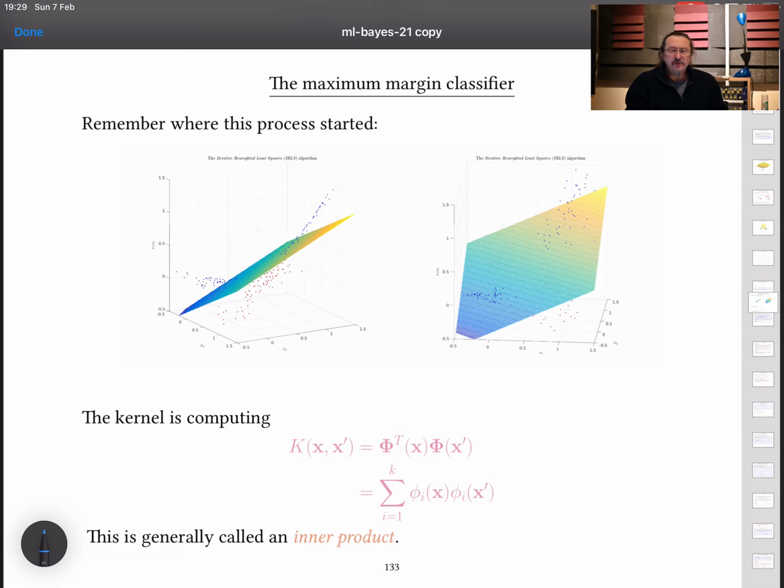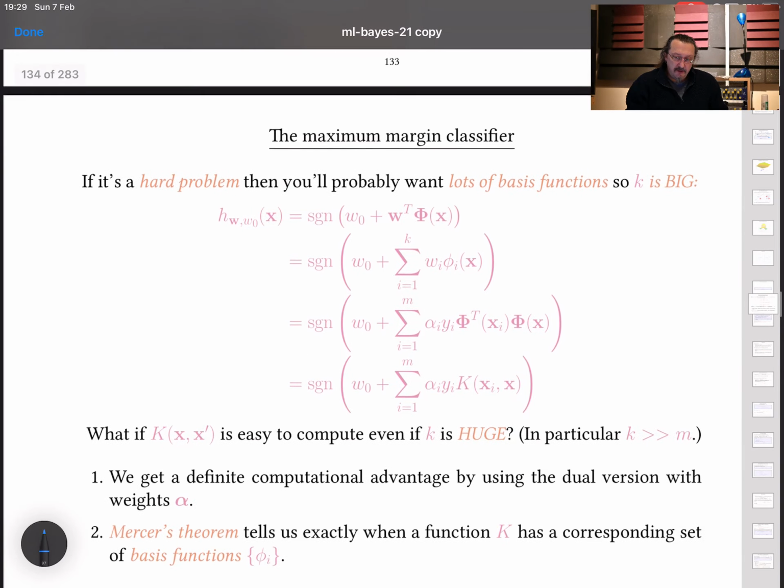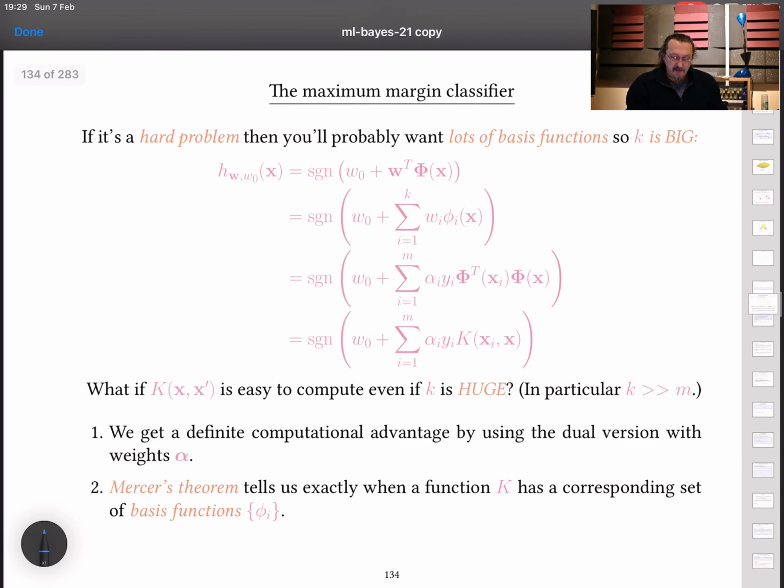In order to go into a higher dimensional space in such a way that we can solve it with the underlying linear model, we might expect that we actually need to go into quite a large number of new dimensions. What that means is that you would have lots of basis functions. So k is big. K is the dimension of the new space you're going into.